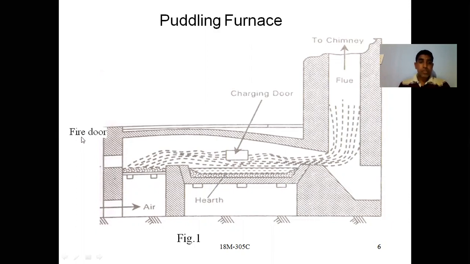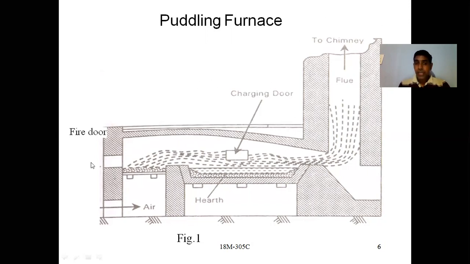If you see here, fire door, and you are having air blast here, and hearth, where the metal can be settled here, and here you are having a charging door, and you are having a dome-shaped structure here, and from here the flue gases will be sent to the chimney.